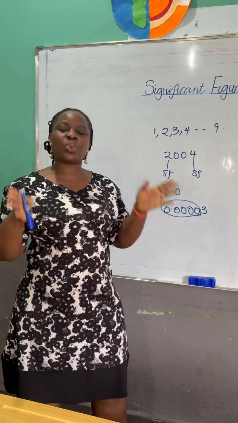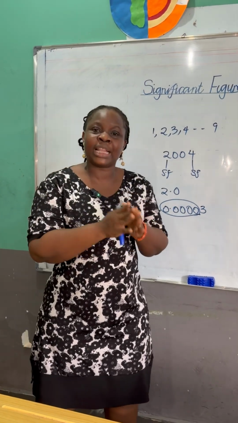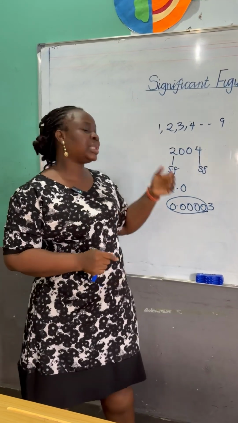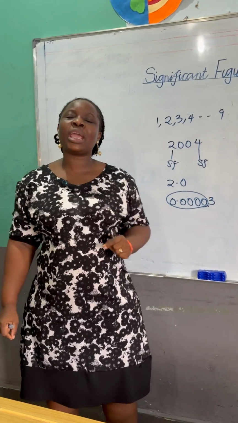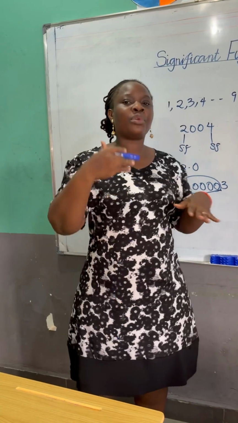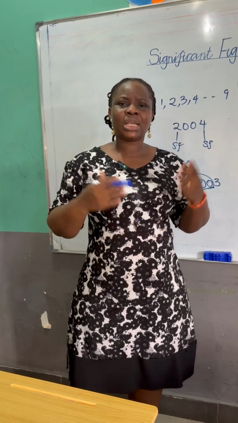Rule number two says when zero comes in between two significant numbers, that zero is significant. Rule number three says when there is a decimal point, the last zero is significant. Rule number four says the front zeros, the starting zeros, are not significant.